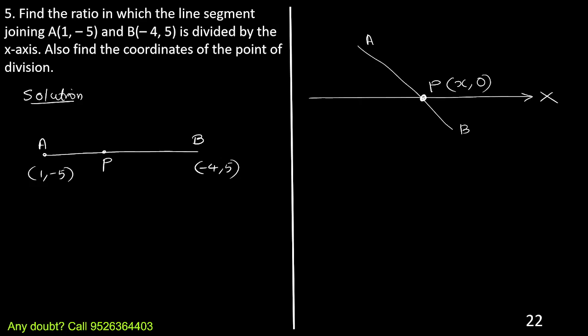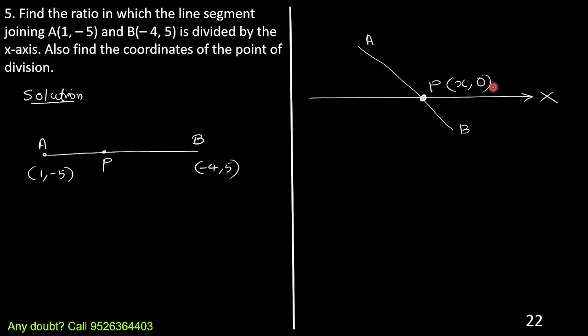I have already explained that. If you take any point on the x-axis, its y value will be 0. So generally, (x, 0) is considered as a point on the x-axis. The x value can be any number, but the y value must be 0.